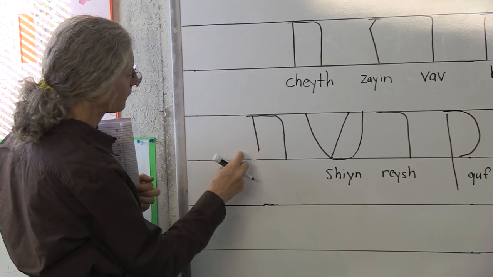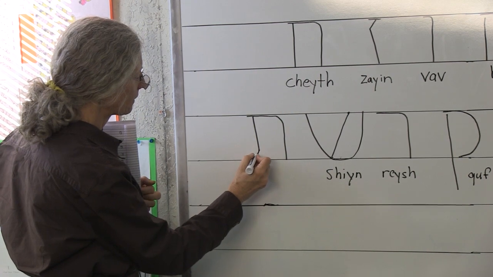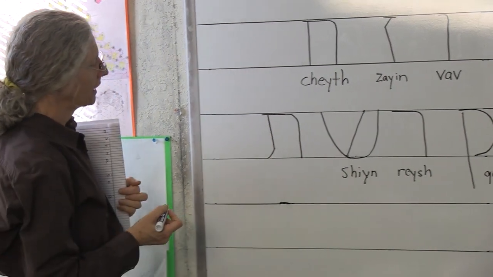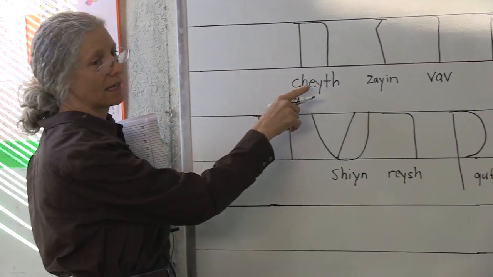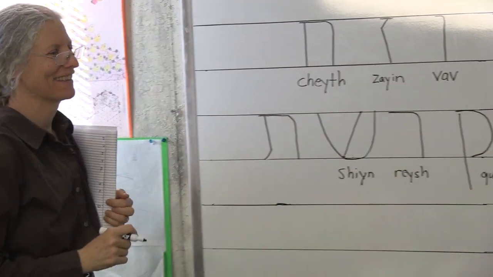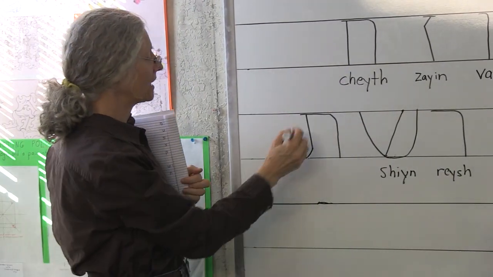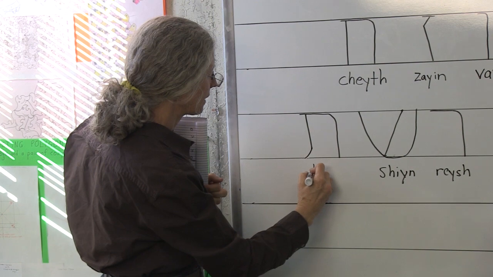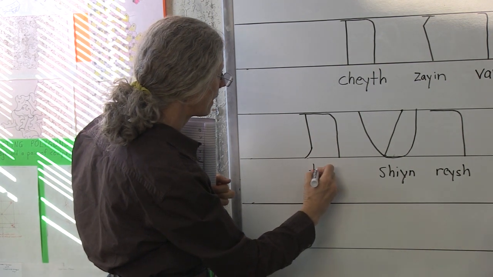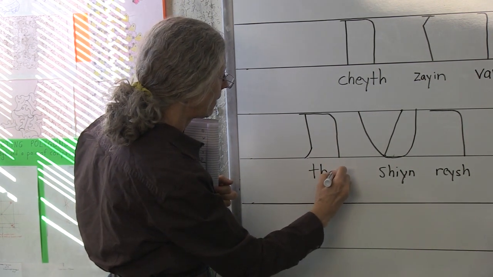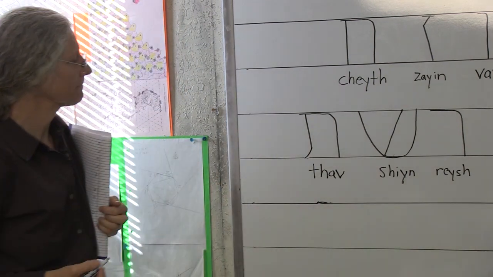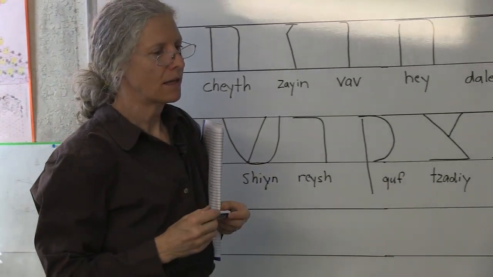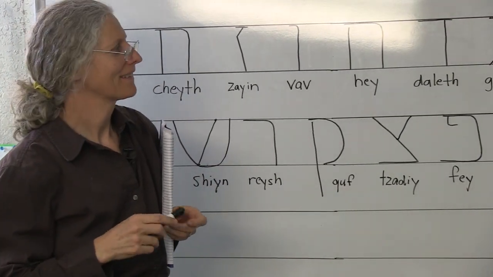I'm going to make it a little more of a kick so it's more obvious, okay? All right, so it looks completely different from the chet, right? Okay, it looks very similar to the chet, but the tav has a little kicking leg. Tav. Okay? So we're ready to do the whole alphabet now, okay?